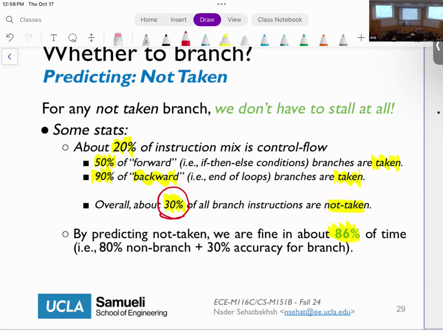And the improvement is rather minimal. It used to be 80% and now it's 86%. So that's a 6% improvement in how often we are correct, but still this is very minimal. We don't really change anything. We just continue normally, and that immediately gives us this kind of free 6%.